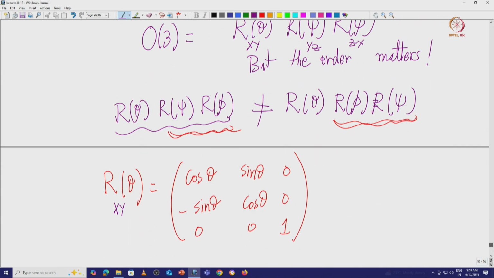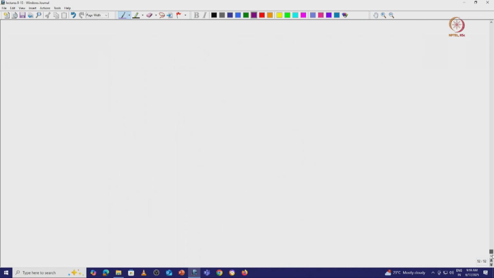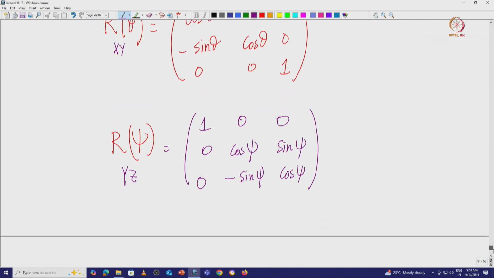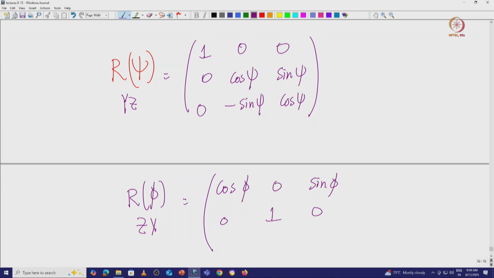And finally the third one: y and z is psi, and z and x would be phi, which is r phi, with cos phi, sin phi, 0; 0, 1, 0; minus sin phi, 0, cos phi.